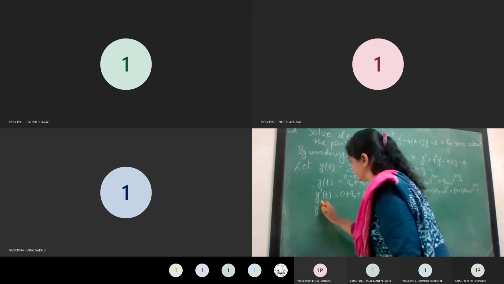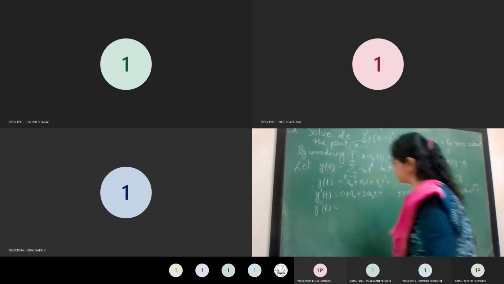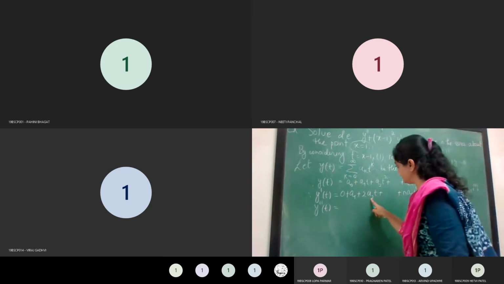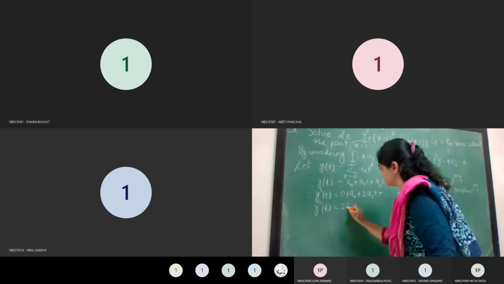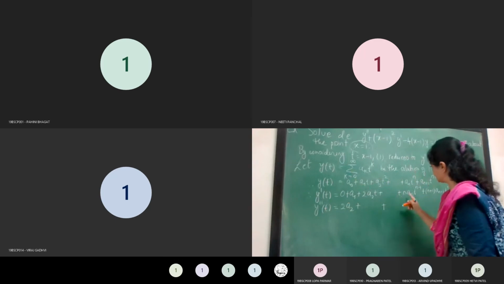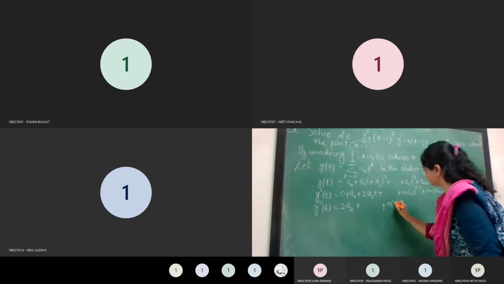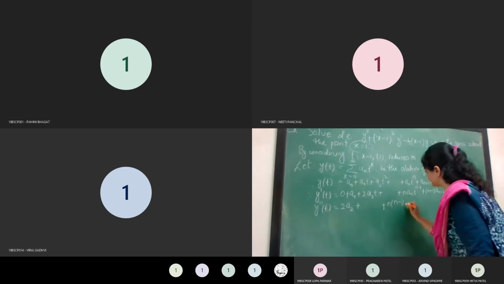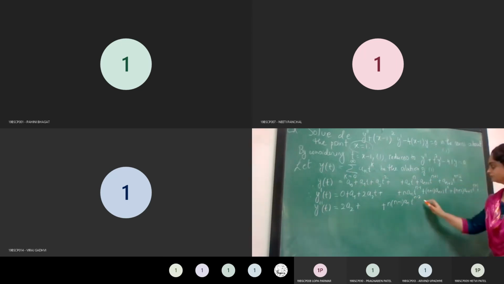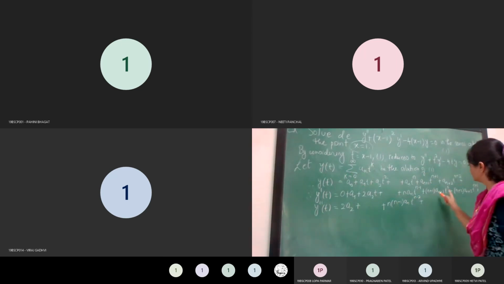And further derivative, y double dash of t, is equal to, now this is a constant quantity, so derivative is 0. So I am directly writing 2 a2 into derivative of t which is 1, plus up to plus here now n into (n minus 1) a_n t raised to n minus 2, plus now n will occur.